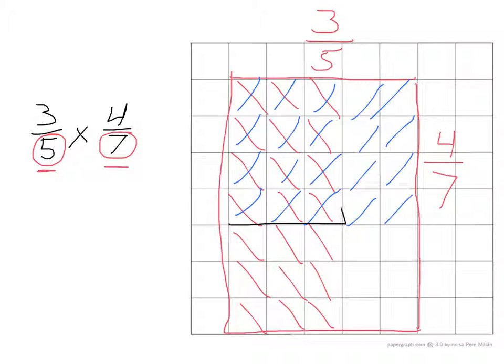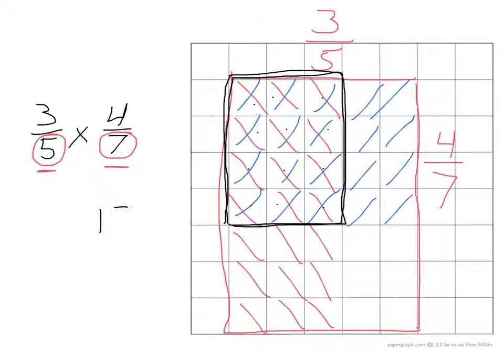So there's actually quite a bit that I can learn from this array, but what I'm focused on right now is the part where they intersect. This is the fractional part of the array that I'm interested in right here. So this represents 3/5 of 4/7. So let's count them up. I've got 1, 2, 3, 4, 5, 6, 7, 8, 9, 10, 11, 12. 12 fractional parts.